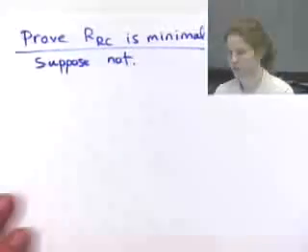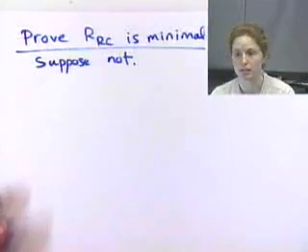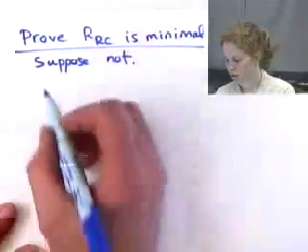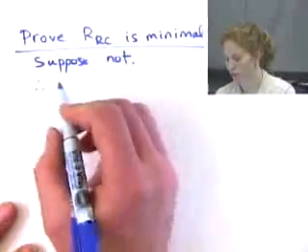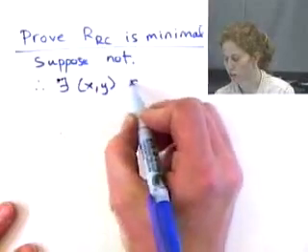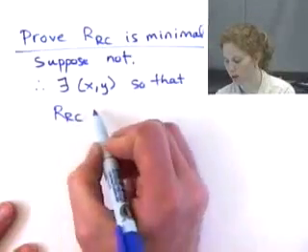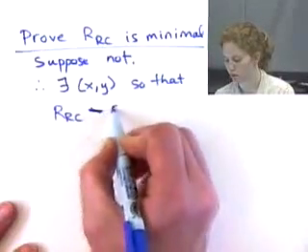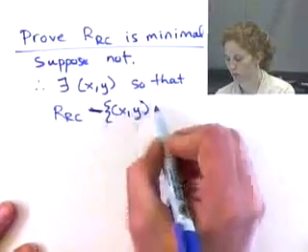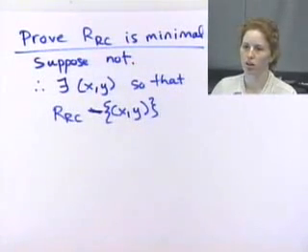So I suppose not. If it's not minimal, that means I can take a point out and it will still be the closure. Right? Yep. So therefore, if it's not minimal, then there exists a point (x,y) so that if I take RRC minus the point (x,y), I actually have to put it in set notation because that minus is a set operator, right?